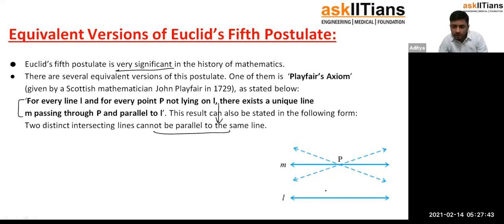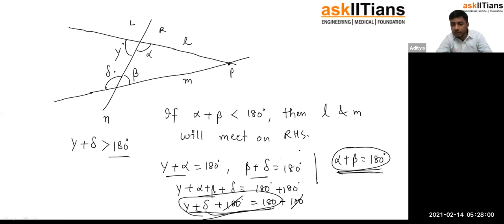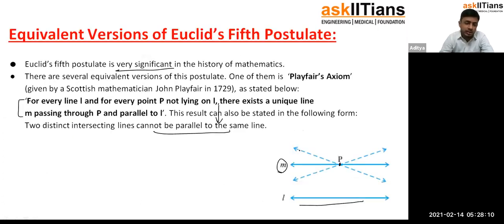What does it say? That if there is a line L and there is a point P, then there will be a unique line M which will pass through P and it will be parallel to the line L. So what we are saying here is that this discussion that we were having here, how we can get an idea about parallel lines through the fifth postulate of Euclid, is actually being discussed there.